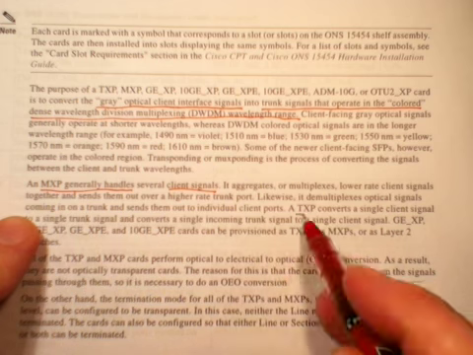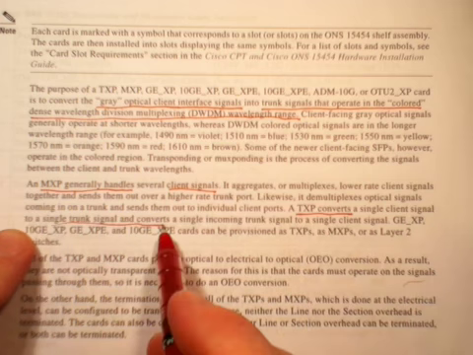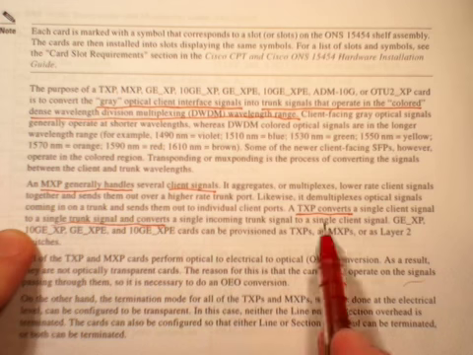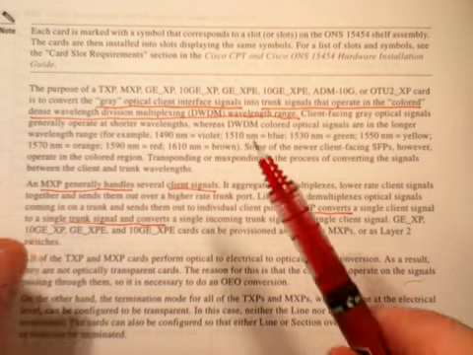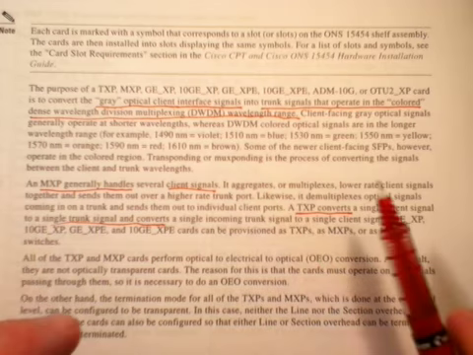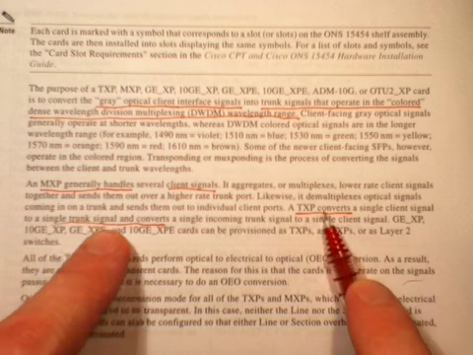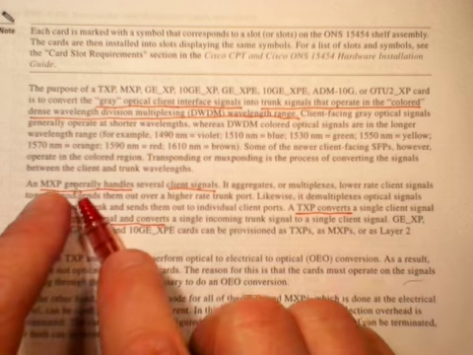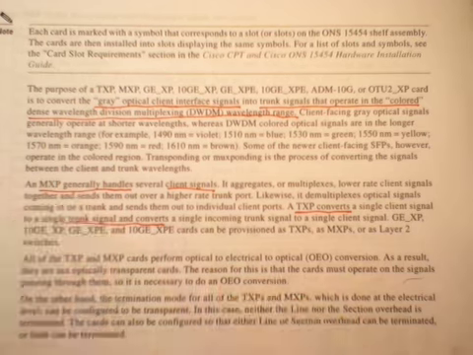The TXP convert a single client signal to a single trunk signal and convert a single trunk signal to a single client signal. Okay, so the TXPs sit between the clients and the trunks, the DWDM trunks, with a one-to-one signal correspondence, and the MXPs sit at the same interface but handle multiplexing and demultiplexing functionalities.